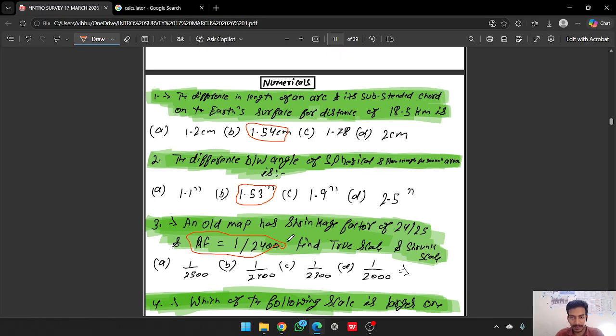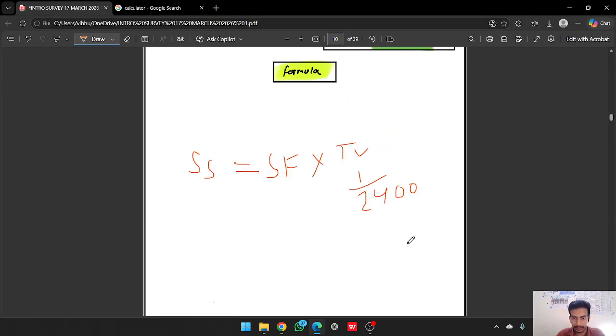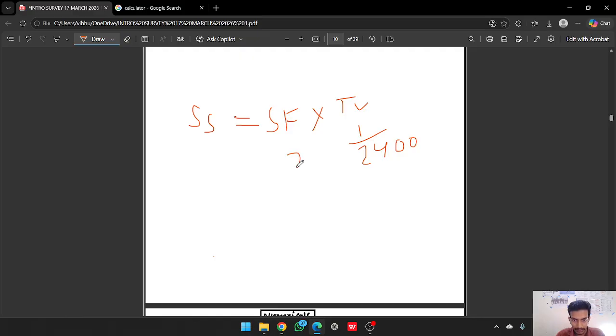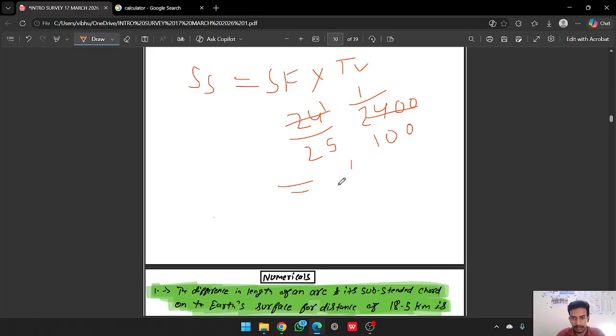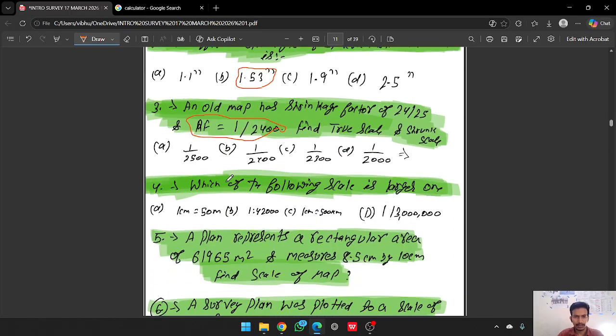What is the shrinkage factor? Shrinkage factor is known, 24 upon 25. So we multiply by 1 upon 2500 and we will get the shrunk scale of 1 upon 2500. Got it?